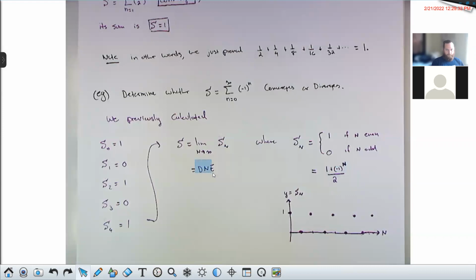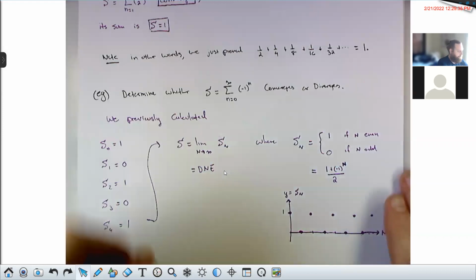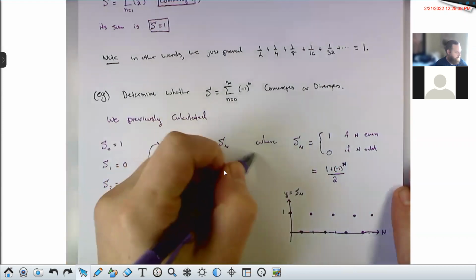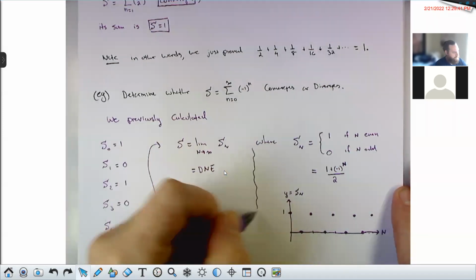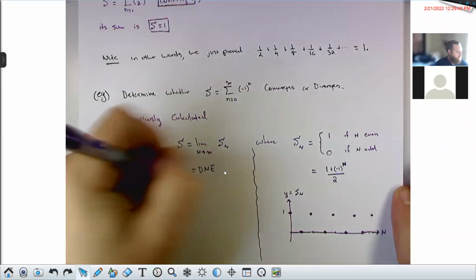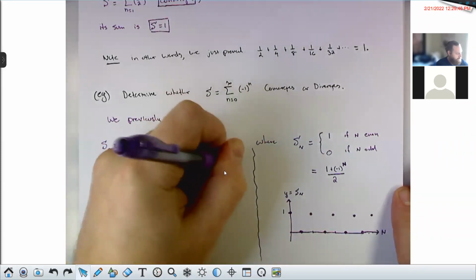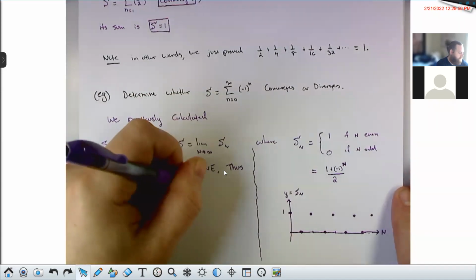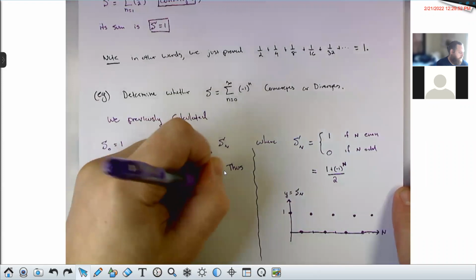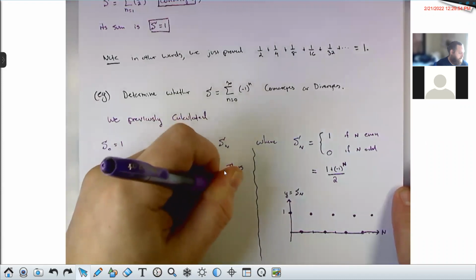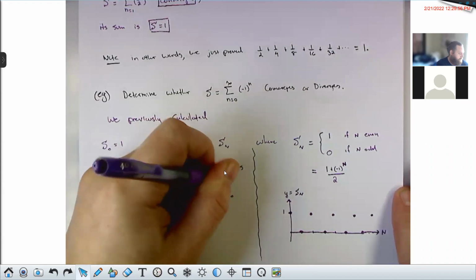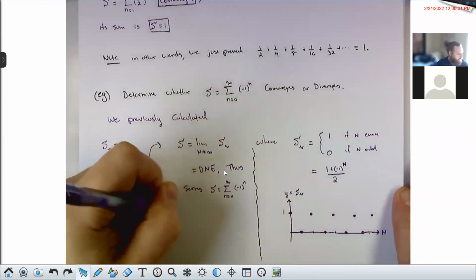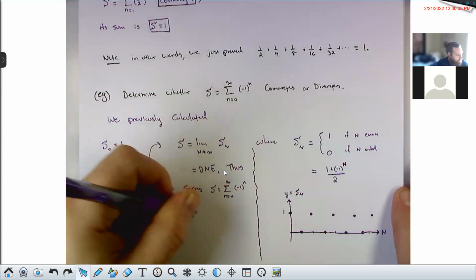But yes, this limit does not exist. Therefore, thus, the series S equals sigma n from 0 to infinity of (-1)^n diverges.